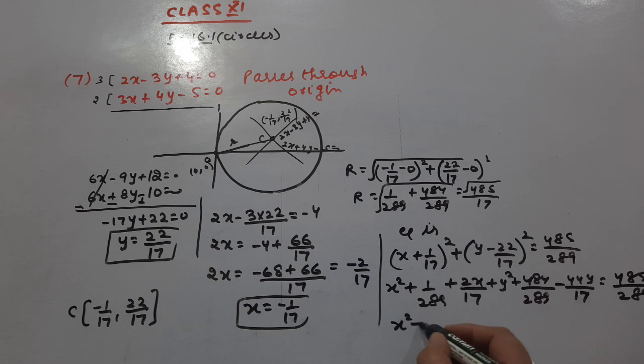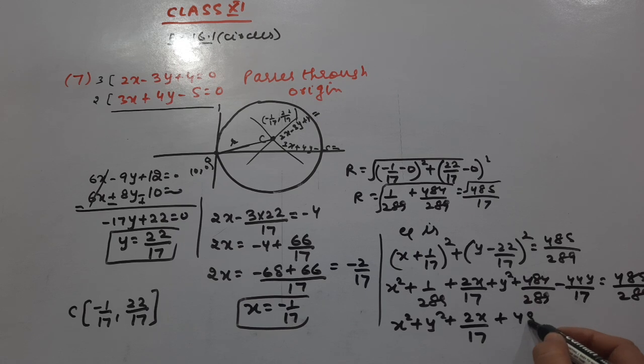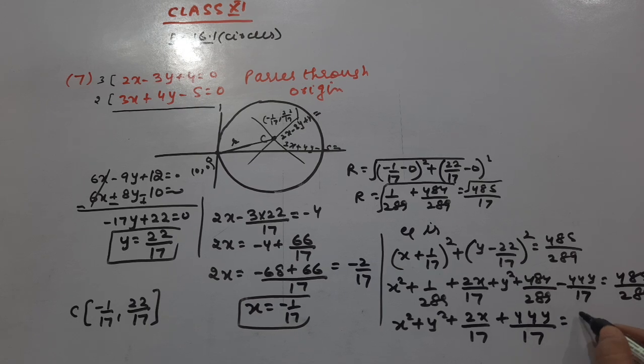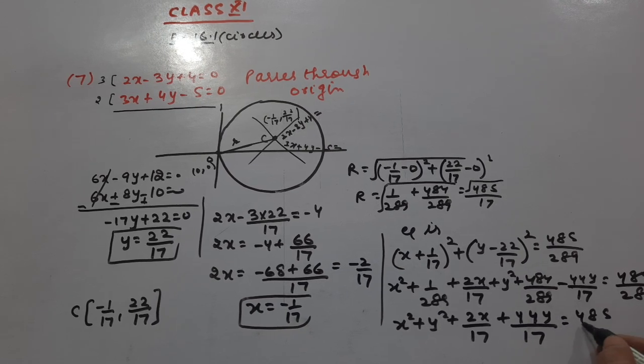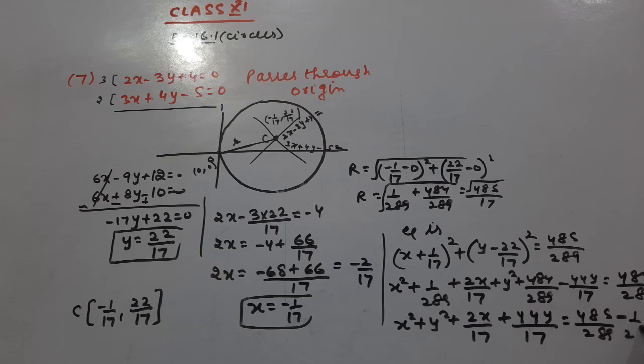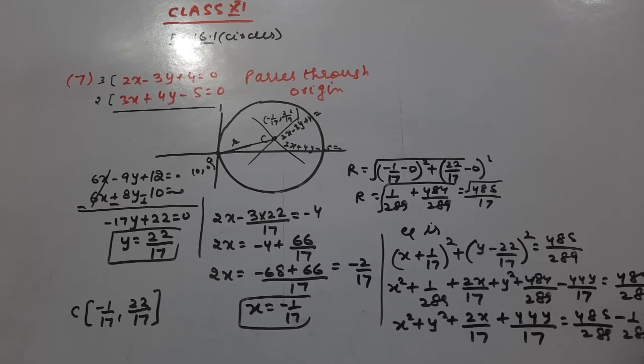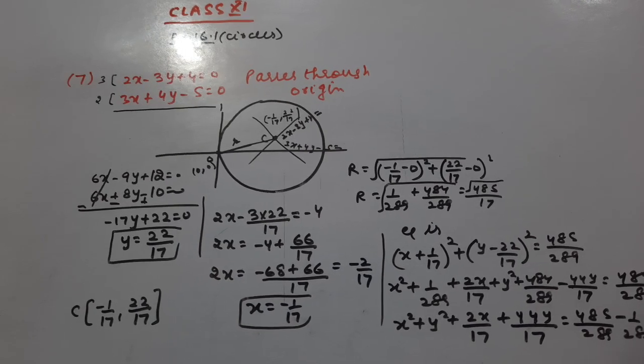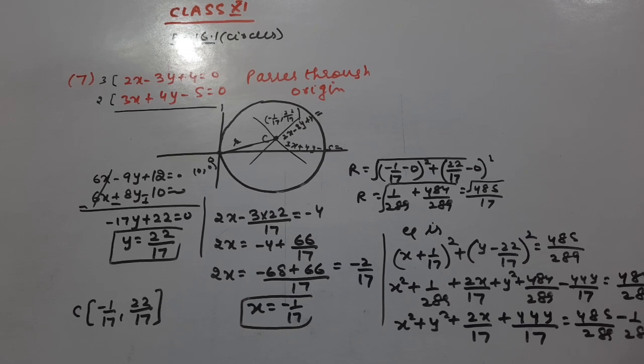So we get x square, 2x upon 17, 44y upon 17 equal to 485 upon 289 minus 1 upon 289 minus 484 upon 289, like this.